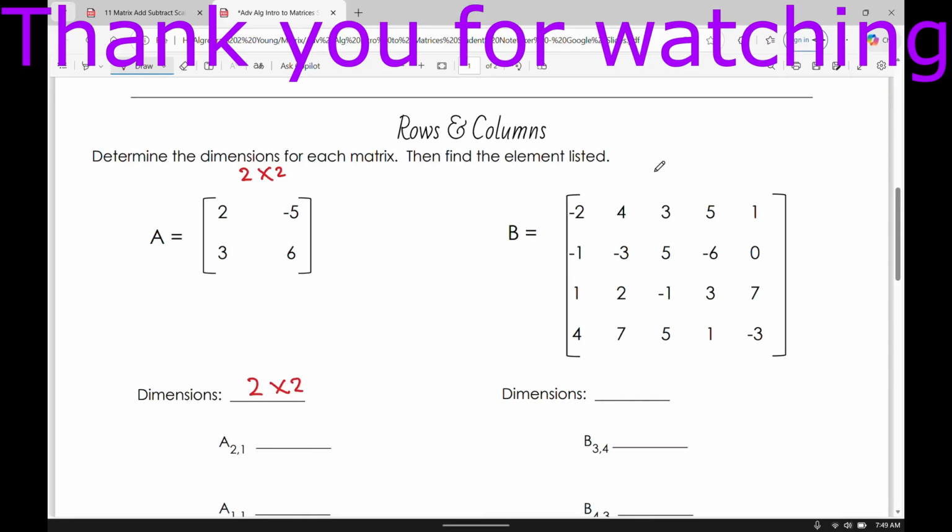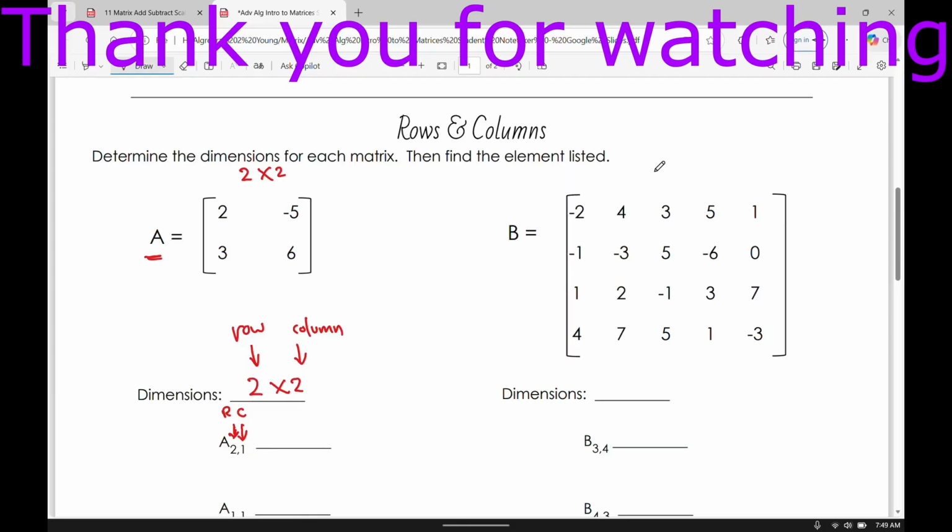What about A21? Remember, the first number is the row and the second is the column. This is the matrix A, and the 2 is the row, and the number 1 is the column. So row 2, column 1.